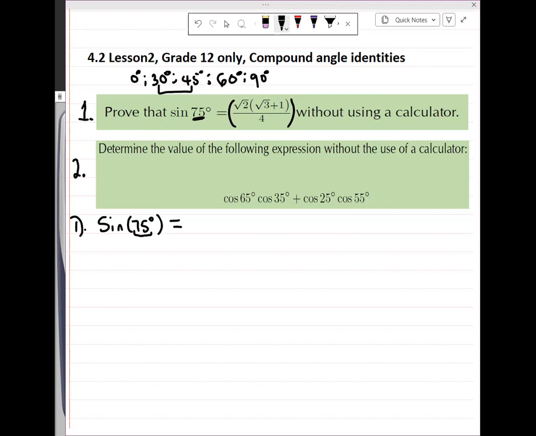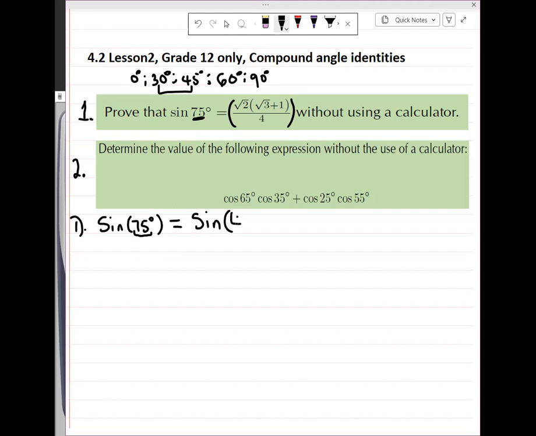So you first check: are there any two special angles that when I add give me 75? If there aren't, you check for subtraction. If there aren't, you check for multiplication and so on. But this one was easy. We could easily see that 30 and 45 give us 75 when we add them.